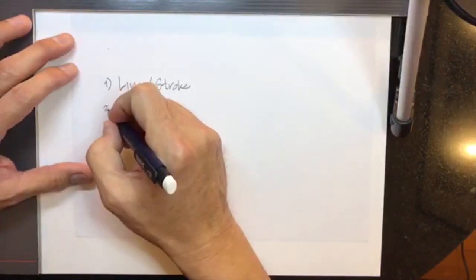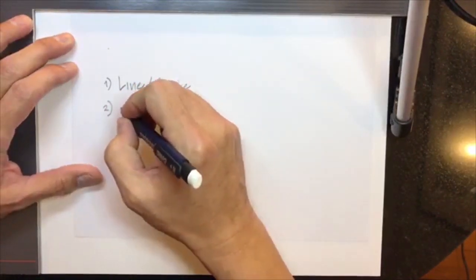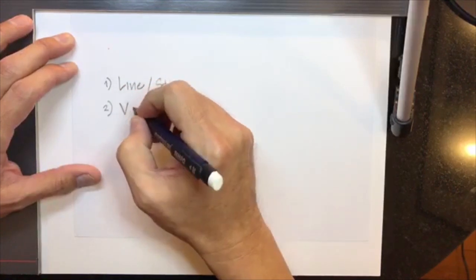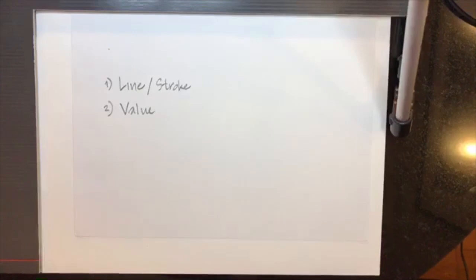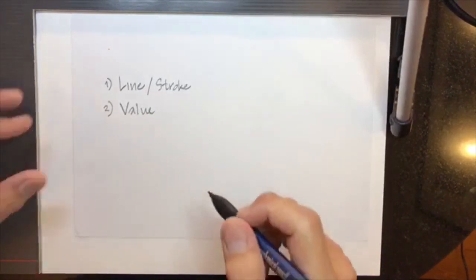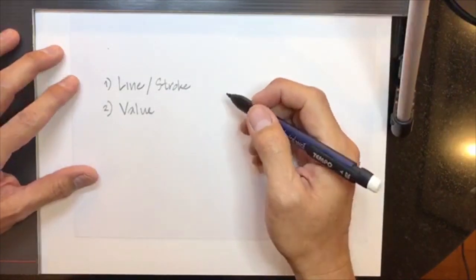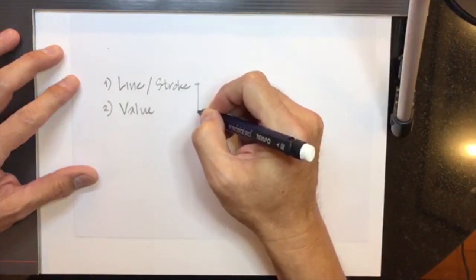The point number 2, we will talk about the value. The value of the sketch means we do many tones. In our sketch, both line and value will create form.